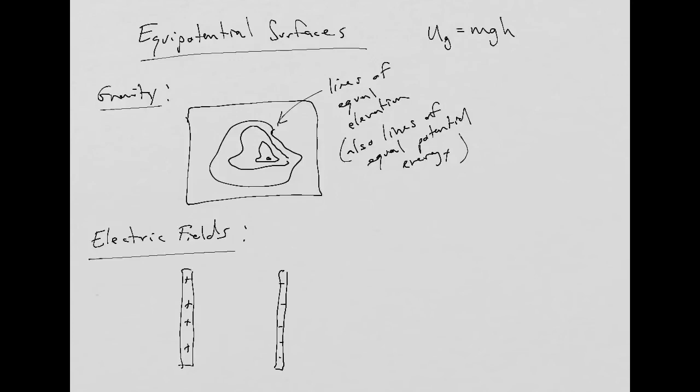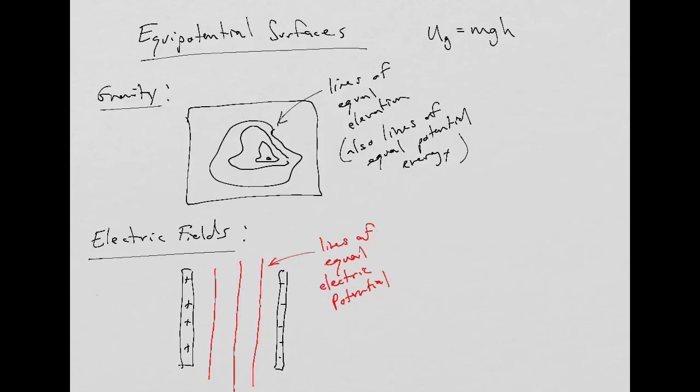And what you found using Excel was that those lines go straight parallel to the two plates, the charged plates. So these were lines of equal electric potential. Okay.